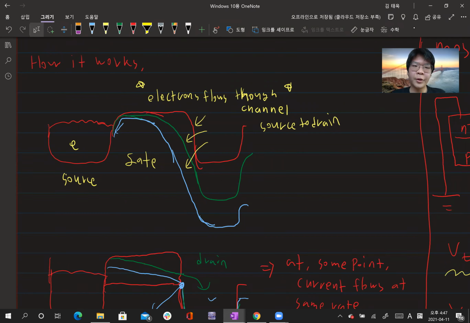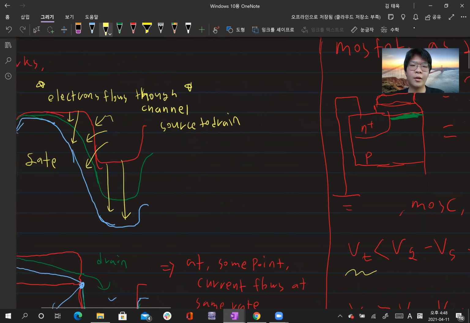First of all, usually the source has a lot of electrons and the drain has fewer electrons because of the drain bias. When there is no bias, it will be like the picture here. And if we give the gate bias and drain bias, the band will go lower at the drain side.